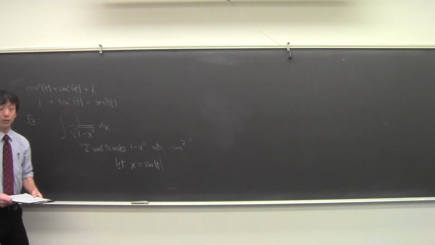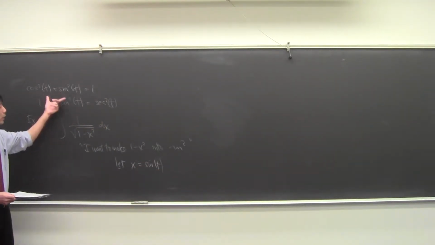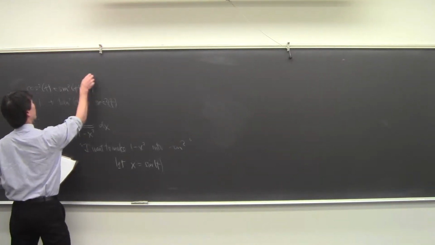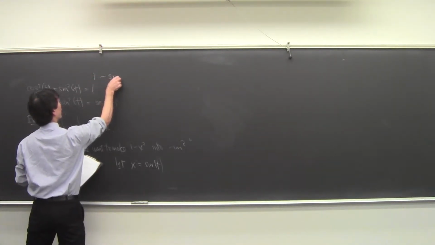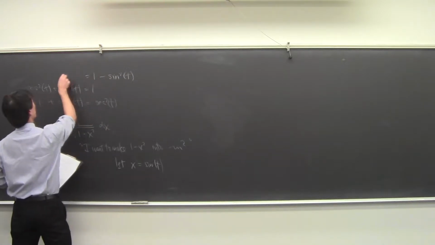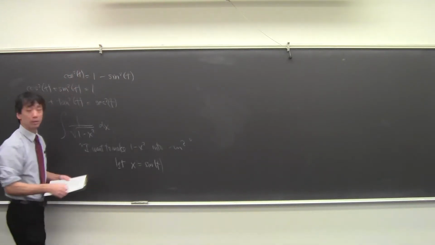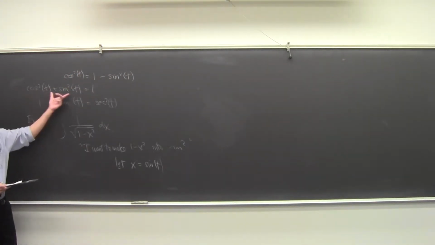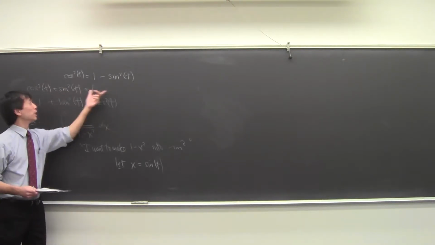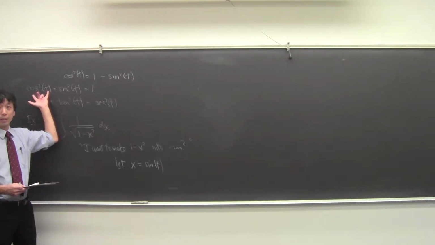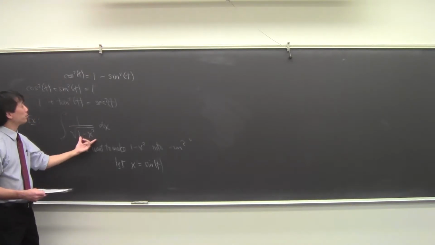So you go back to your Pythagorean identities and you say, well, look, if I have 1 minus sine squared, that's cosine squared, right? Cosine squared plus sine squared is 1, so 1 minus sine squared is cosine squared. And so that's promising, right?